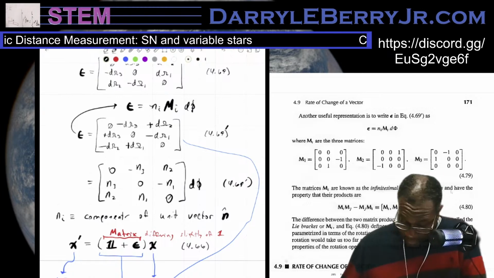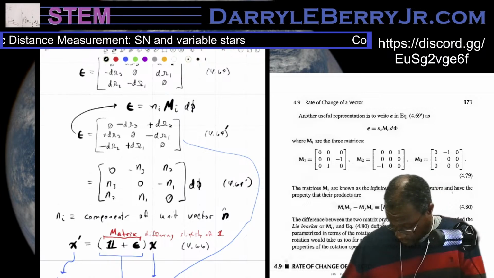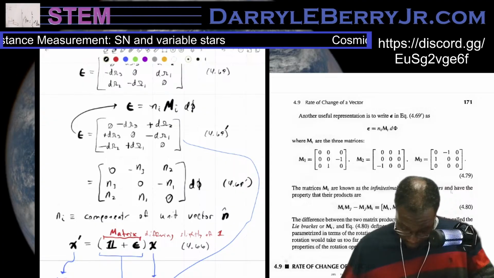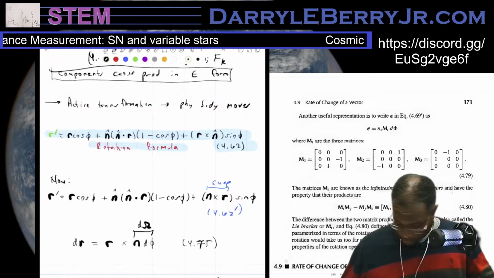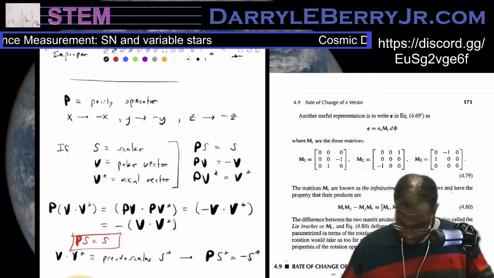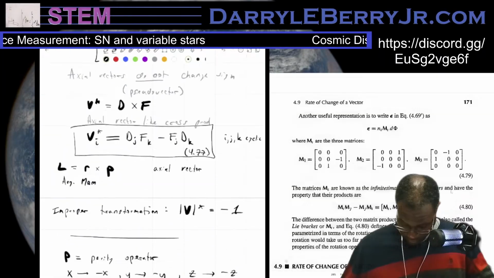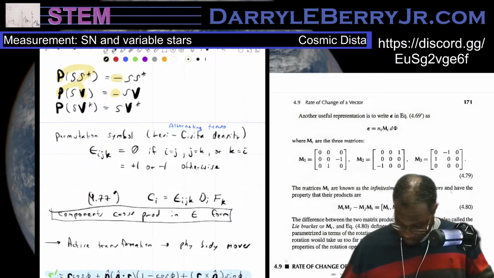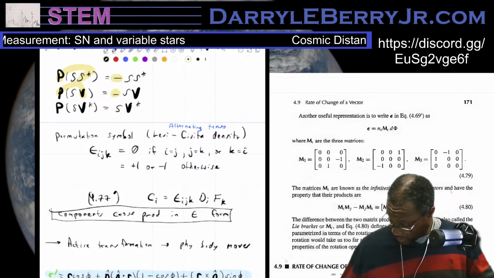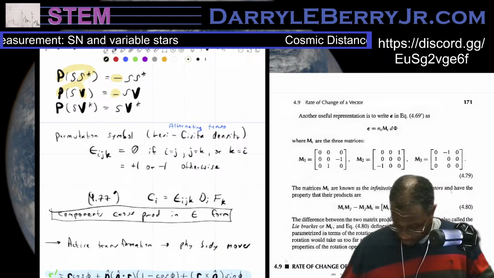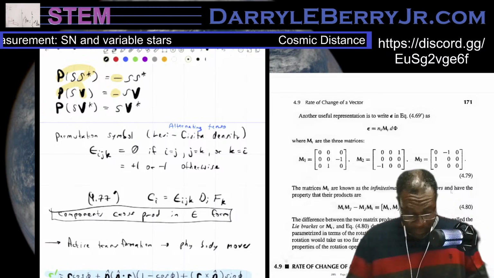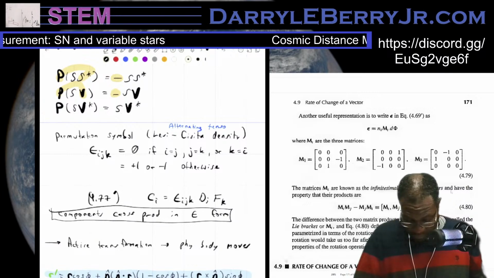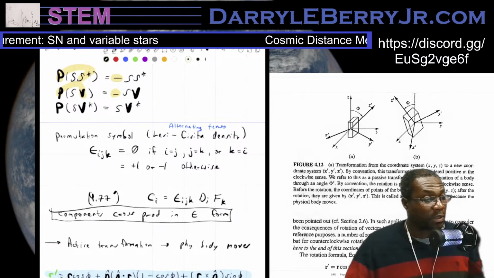Epsilon n_i n... is good so far. And we had... I missed that.